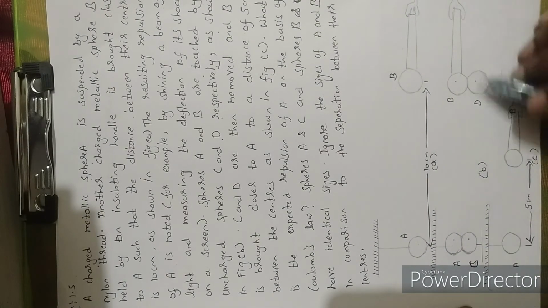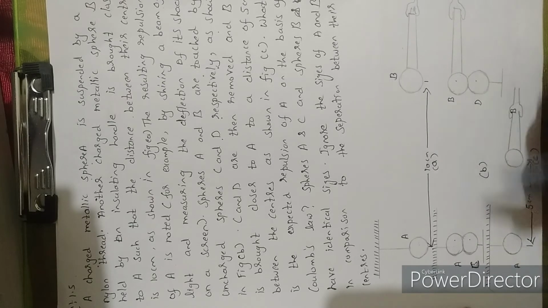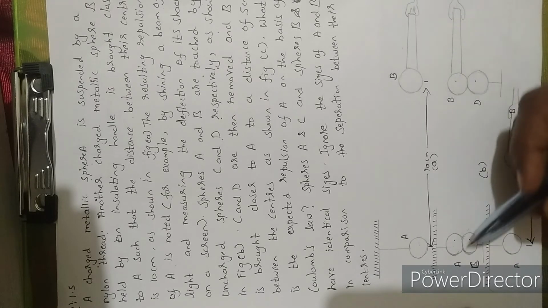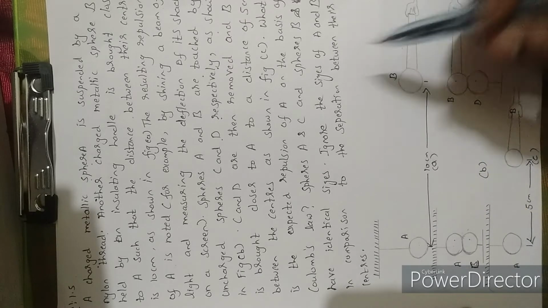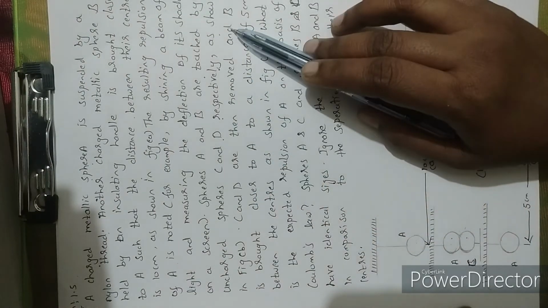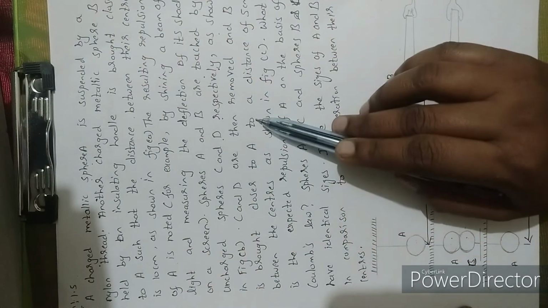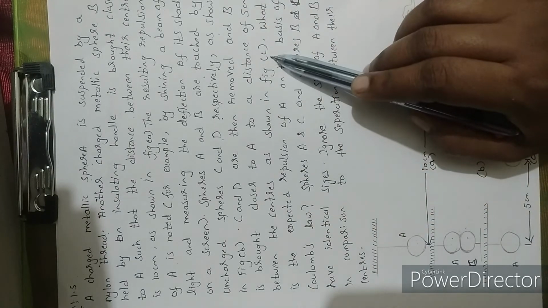C and D are uncharged. So uncharged spheres C and D are touching the charged spheres A and B respectively. Then C and D are removed and B is brought closer to A to a distance of 5 centimeter between the centers as shown in figure C.